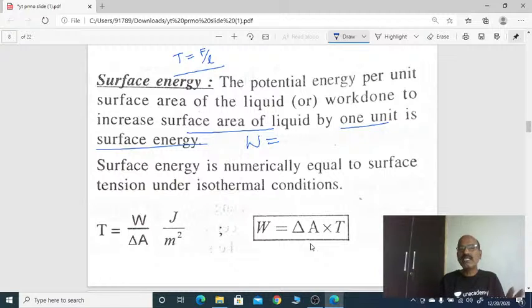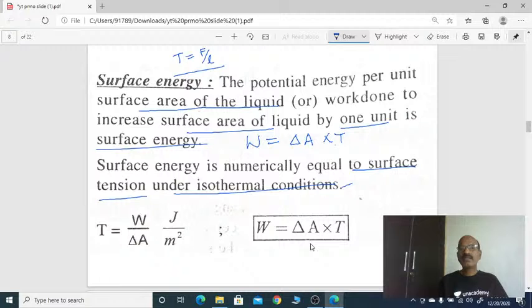The work done to increase the surface area, increase in area delta A, right, by 1 unit, or the potential energy per unit surface area of the liquid is called surface energy. So surface energy is numerically equal to surface tension under isothermal condition.